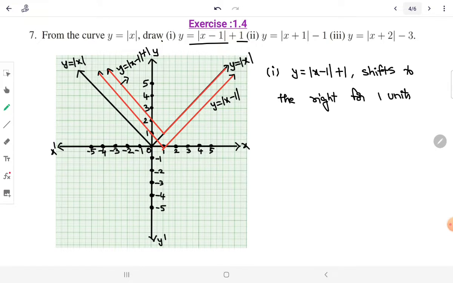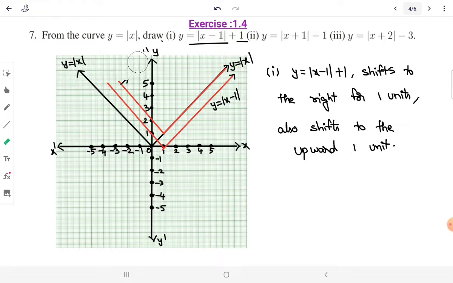Now plus 1 means after that it also shifts to the upward side. It shifts by how many units? Again plus 1 means it shifts upward for 1 unit. So this is the one that you have to write down for the first subdivision.